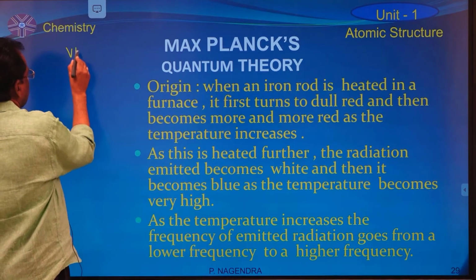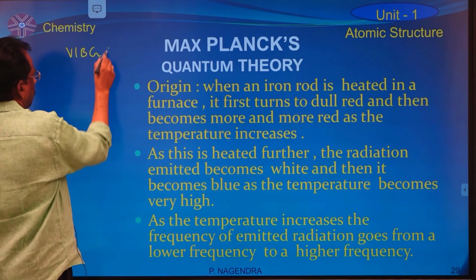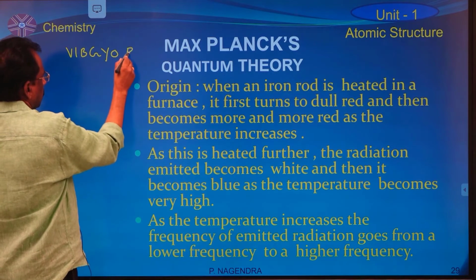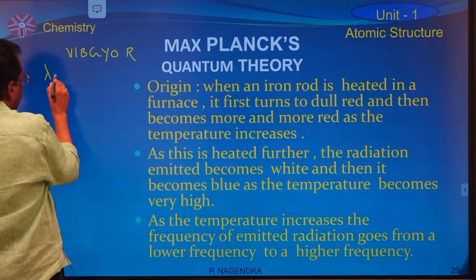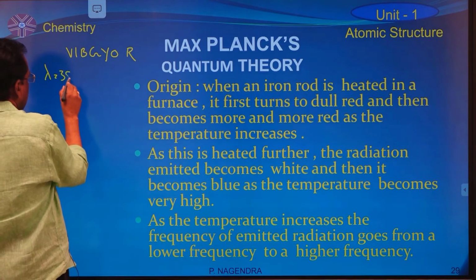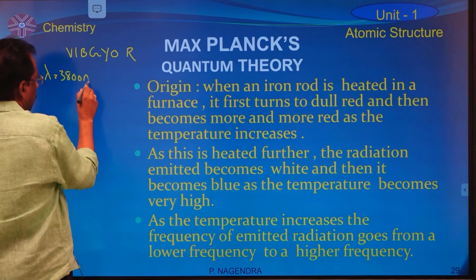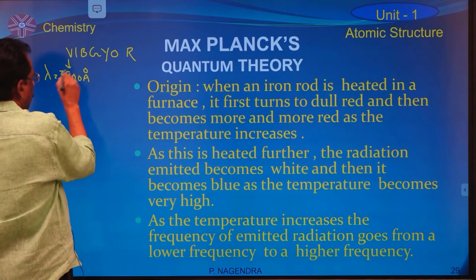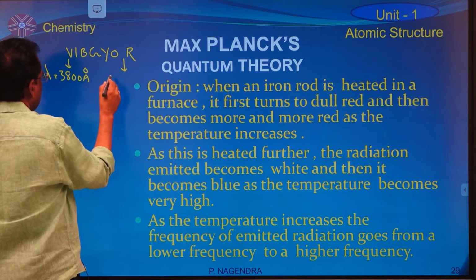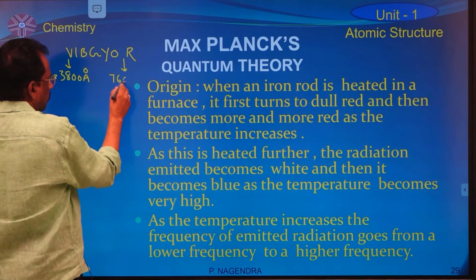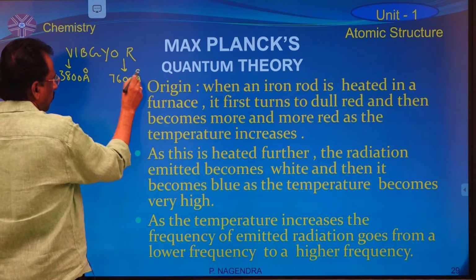That means for visible light, lambda for violet light is 3800 angstrom. For red color, lambda is 7600 angstrom.